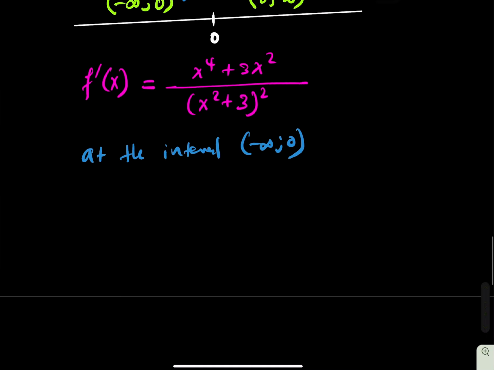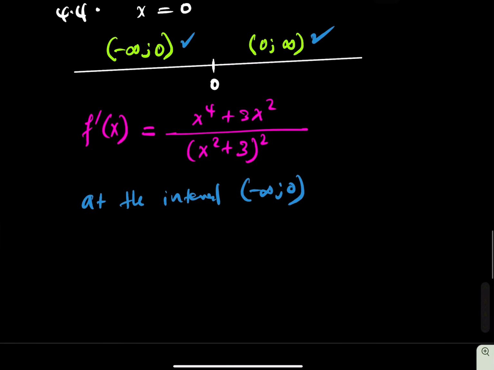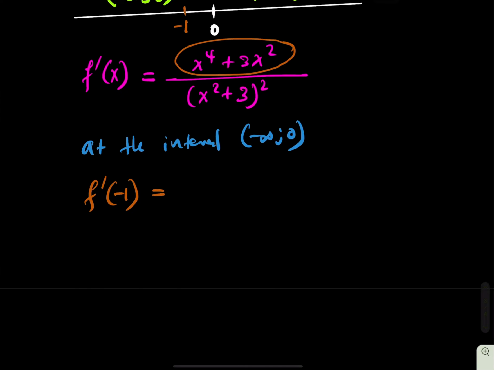So how do I test? I take any number that belongs here. I can take -1 just right there, because I don't want to work with big numbers. I want to work with small numbers. I can take -1 and test it to say, what is f prime at -1? I'm going to put -1 there.